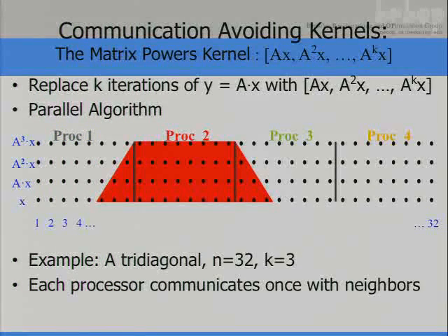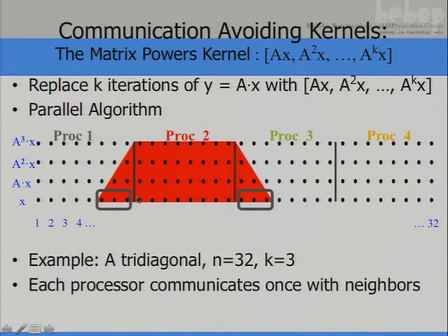So here's the picture. Processor 2 is going to be responsible for everything in here, but processor 2 is going to do a little bit of redundant work, everything in these triangles. So in one step, it's going to collect these 3 data items sent from processor 3 to processor 2. And in one message, these 3 entries are going to be sent from processor 1 to processor 2.